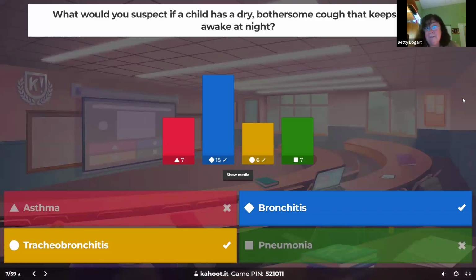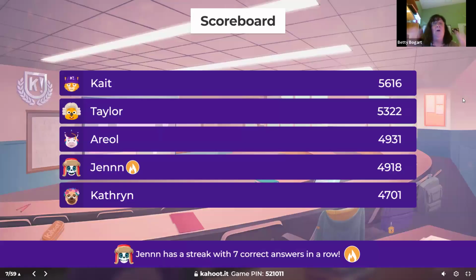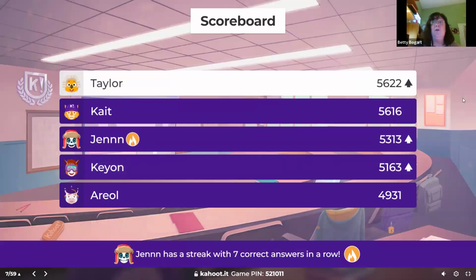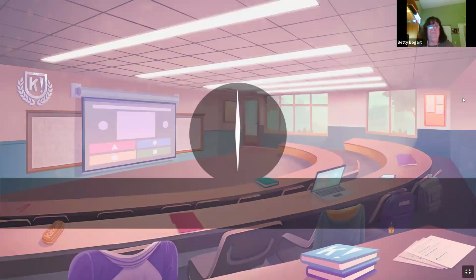It's bronchitis. Now, asthma is not at night only, it's whenever, okay? Tracheobronchitis is another name for it. Tracheobronchitis, bronchitis is the same thing. Bronchiolitis is respiratory syncytial virus.